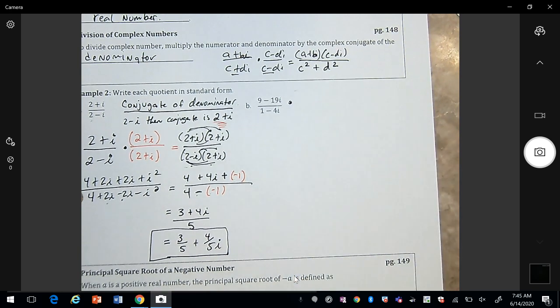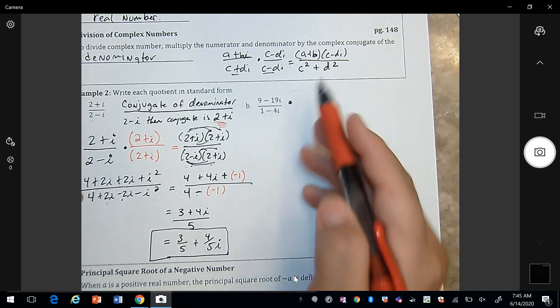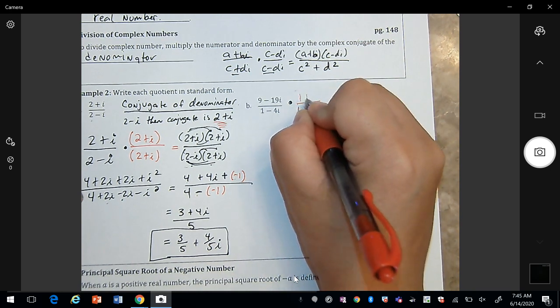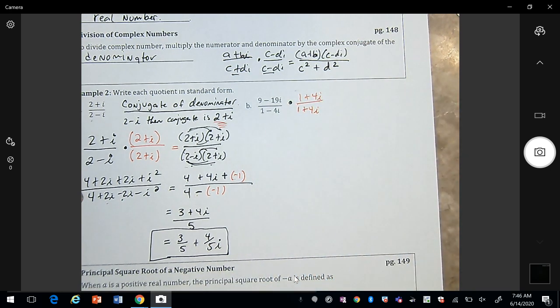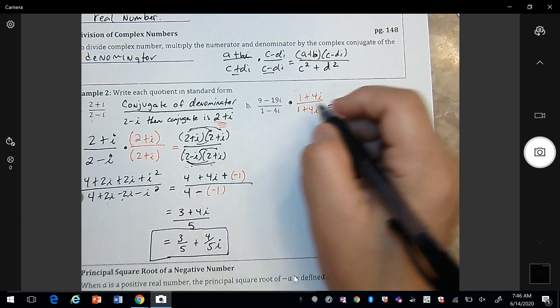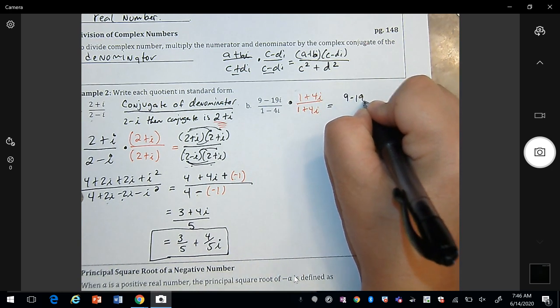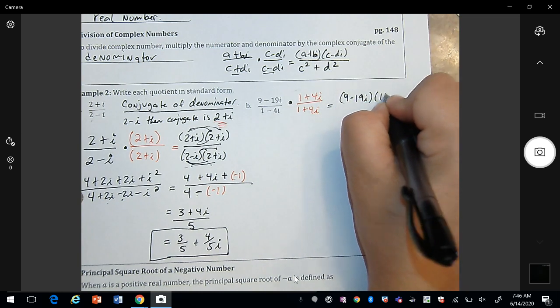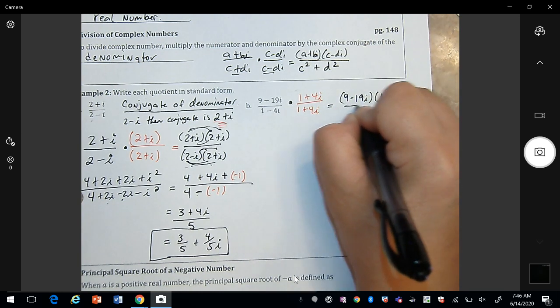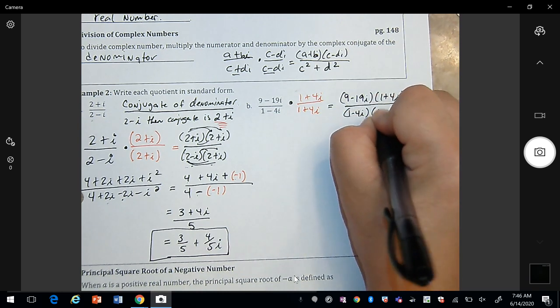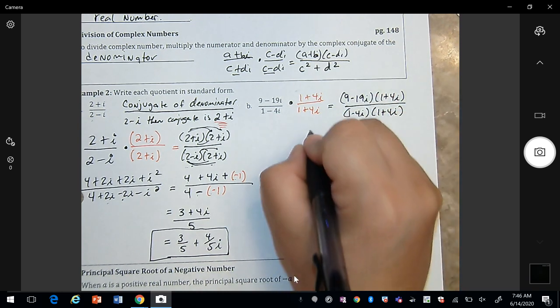We need to multiply by the conjugate. So we have 1 minus 4i. The conjugate would be 1 plus 4i. Multiply this out. On the numerator, we get 9 minus 19i times 1 plus 4i, divided by 1 minus 4i times 1 plus 4i.